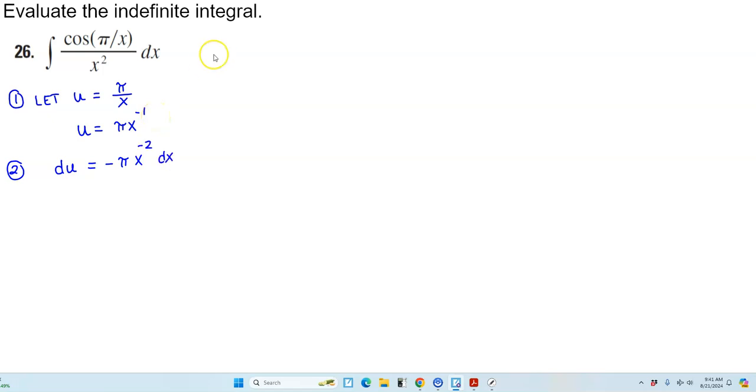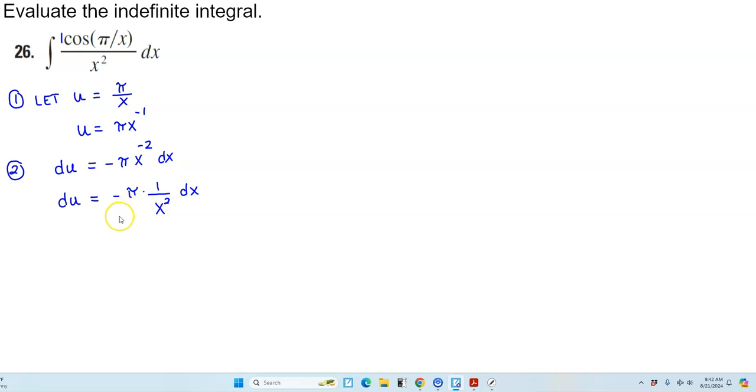So there's your derivative. Now we're going to rewrite this so that it has a positive exponent. Therefore du is going to equal negative pi times 1 over x squared dx. If you notice, we have a 1 in the numerator and x squared, but we don't have a negative pi with this particular term.